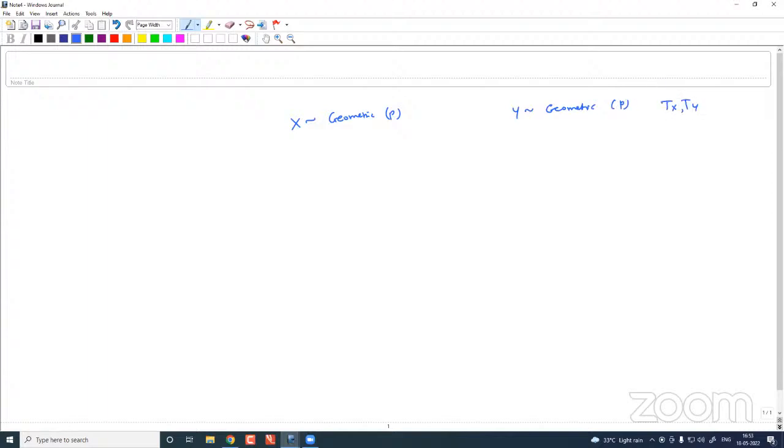TX and TY are the same. Then my Z is X plus Y, so what is the range of Z? 2 to infinity. Correct. So I wanted to find FZ of 10.